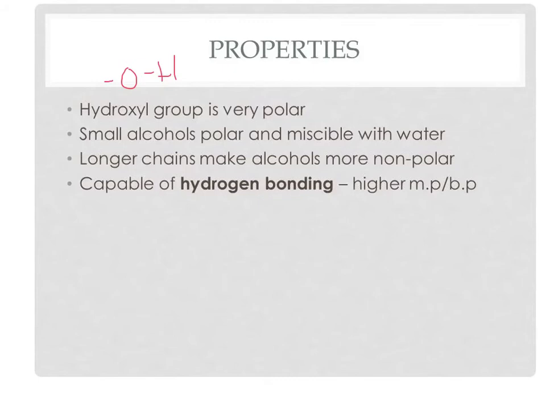If we remember, this is a strong intermolecular force and causes the melting points and boiling points of alcohols to be higher than an alkane of an equivalent length. So for example, ethanol, with its hydrogen bonding capacity, would have a higher melting and boiling point than ethane.